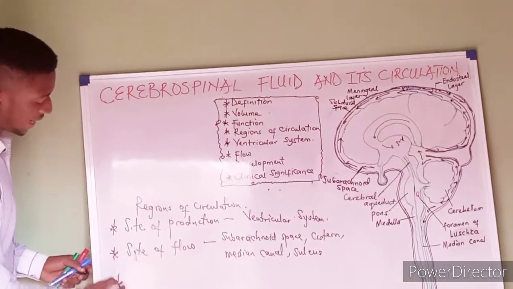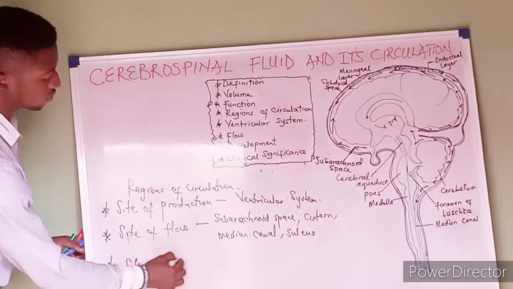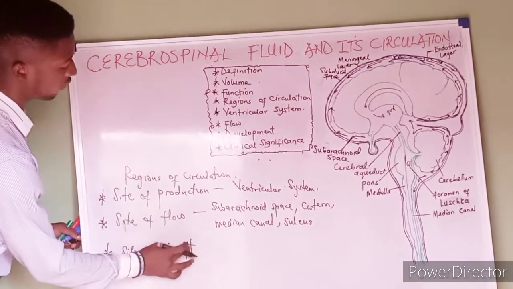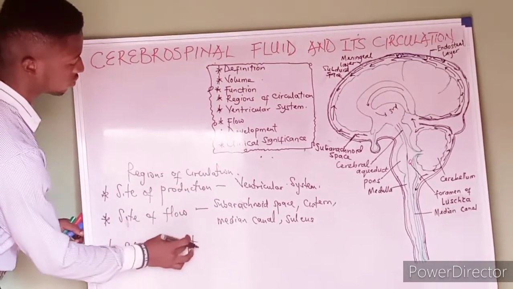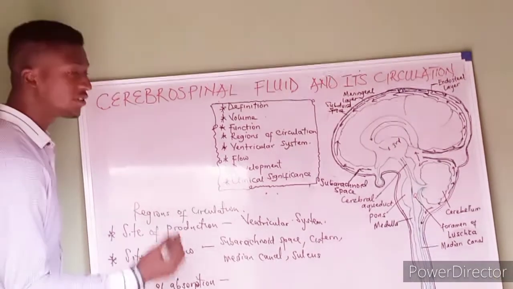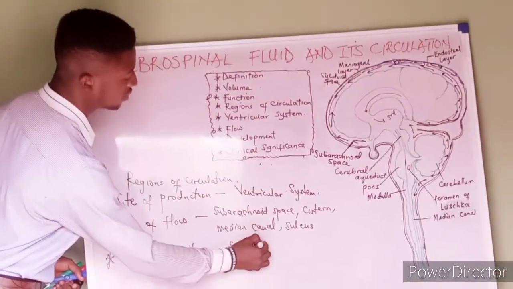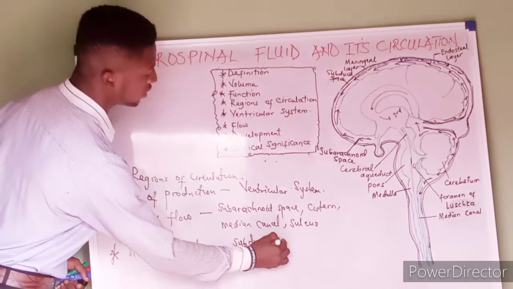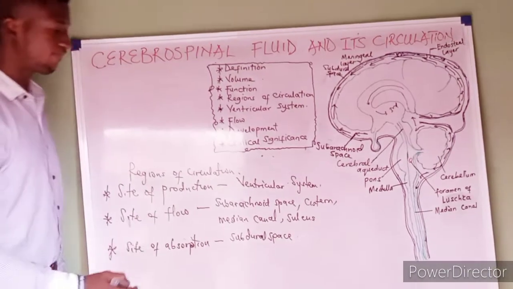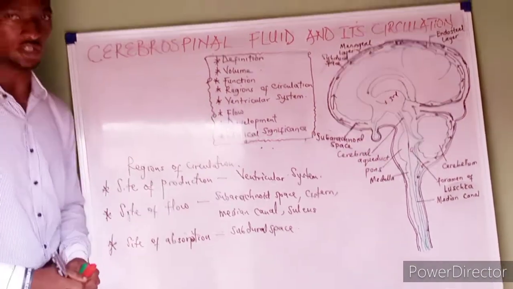The last site is the site of absorption. And this is referred to as the subdural space. It occurs in the subdural space. These are the regions of circulation.